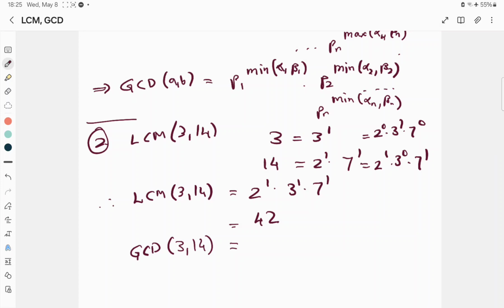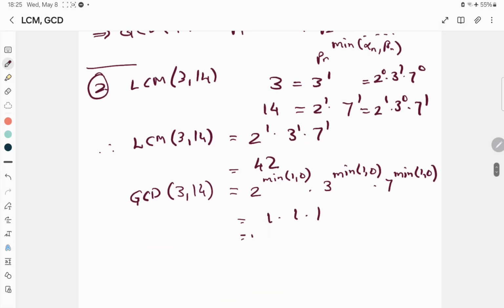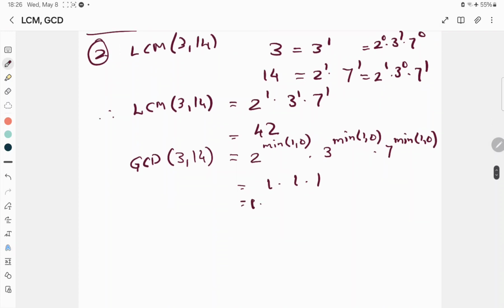Or another way of looking at it: if we go through the math, it will be 2 to the power min of 1 and 0, which is 0. Similarly, 3 to the power min of 1 and 0, 7 to the power min of 1 and 0, which is 1 times 1 times 1, which is 1. So the GCD of these numbers is 1.